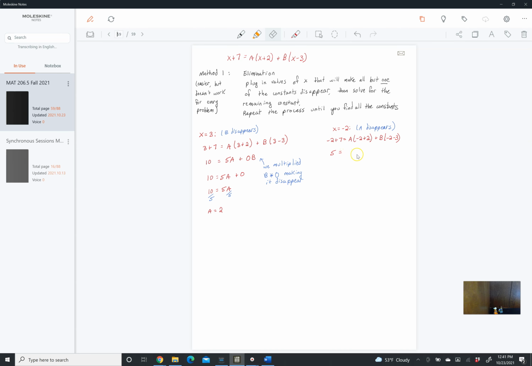So 5 is equal to 0A, and then -2 minus 3 is -5, so we have minus 5B. Okay, 0 times A is 0. So 5 is equal to 0 minus 5B, or 5 equals -5B. Divide both sides by -5, and we get that B is equal to -1.